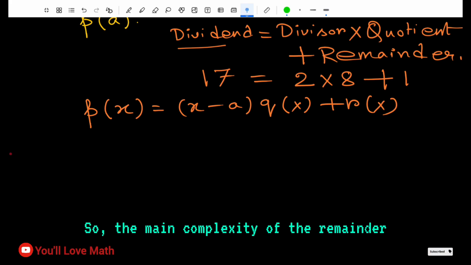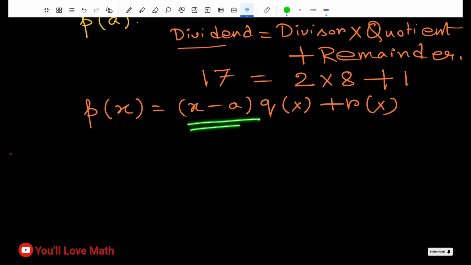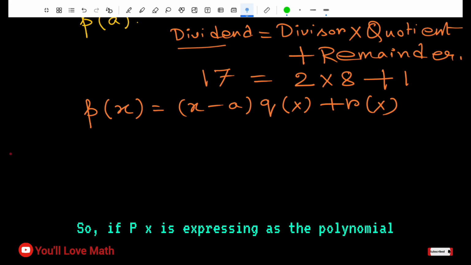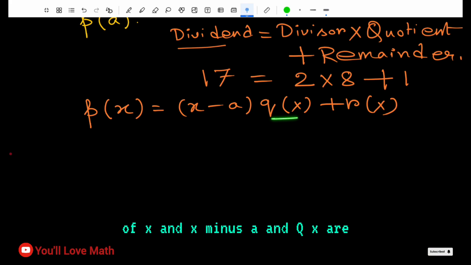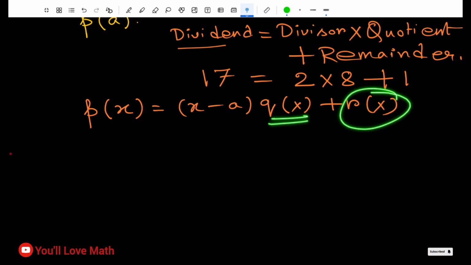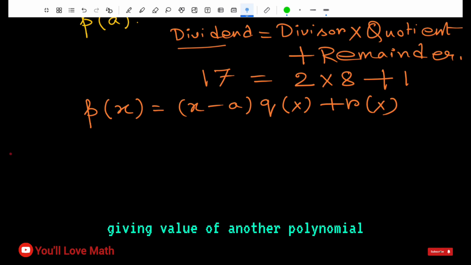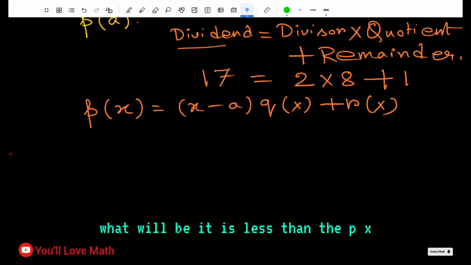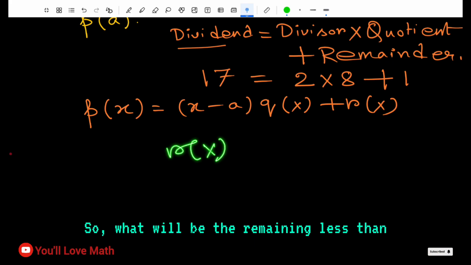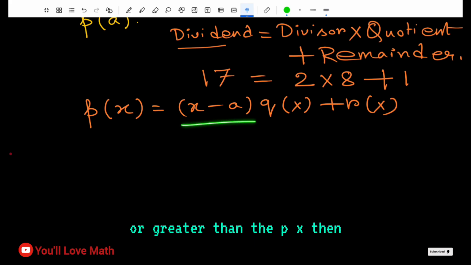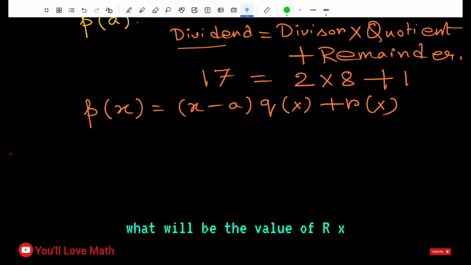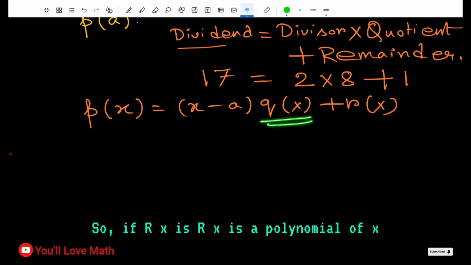The main complexity of the remainder theorem comes here, in the term r(x). If p(x) is expressed as a polynomial of x, and x minus a and q(x) give another polynomial, what will the remainder be?